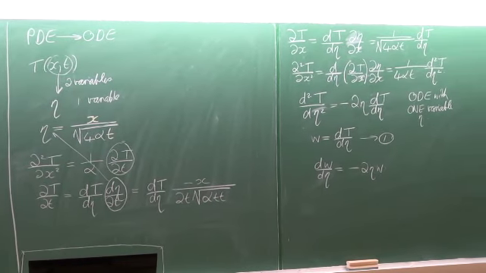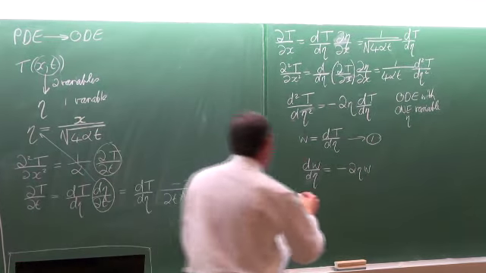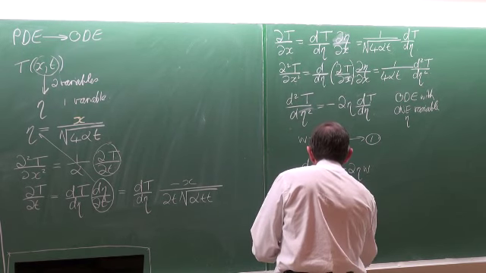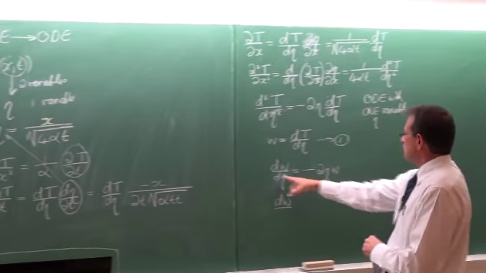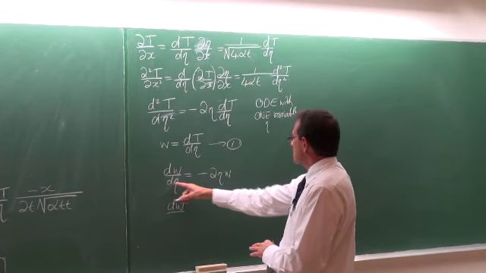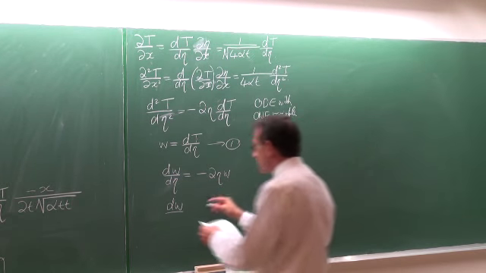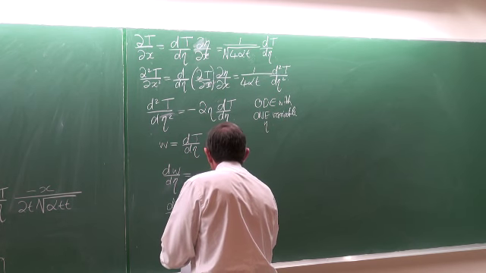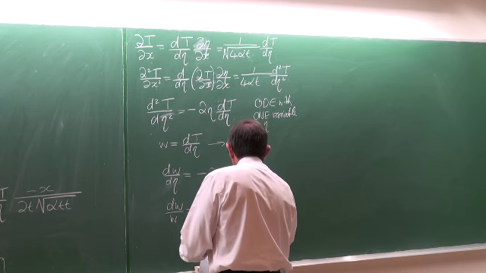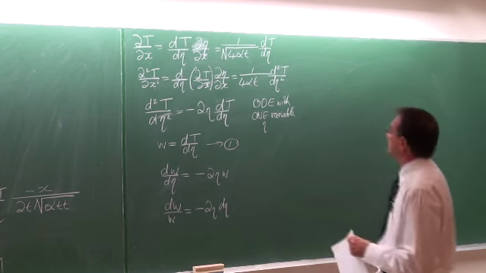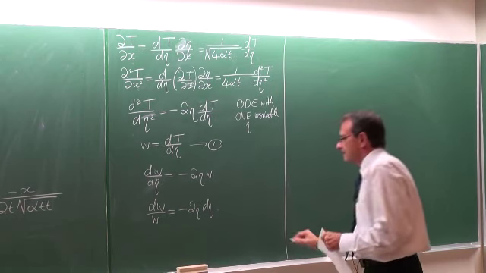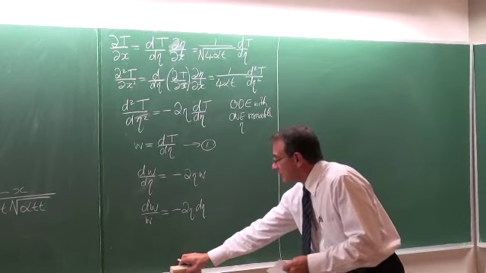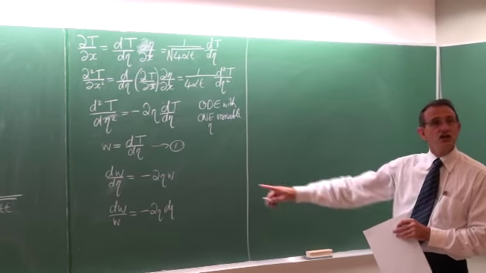Which we can solve. Not fully, but you will see. So let's move all the W's to this side and all the η's to that side. So dW divided by W is equal to minus 2 times η multiplied by dη. We can integrate that.